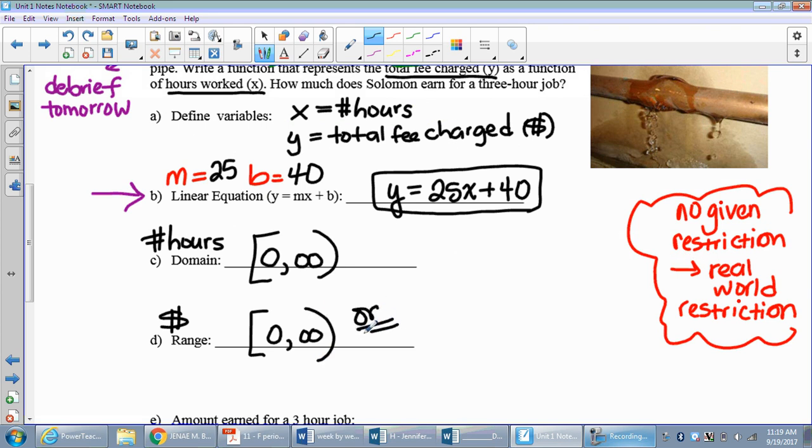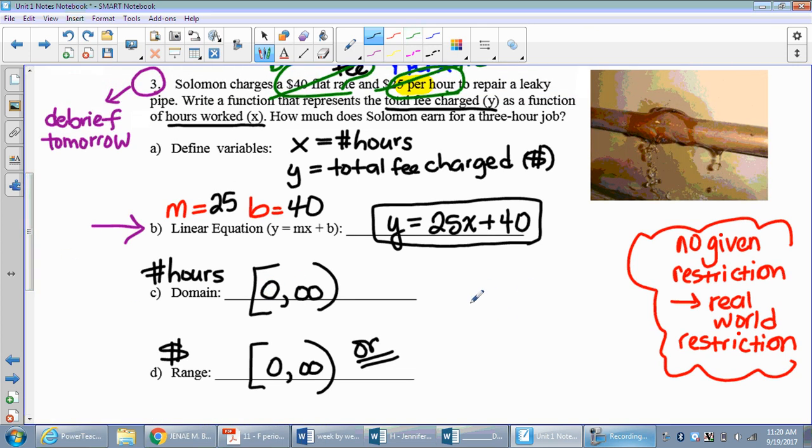Or I saw some people reason that if I plugged in 0 into my model, that would get me 0 plus 40, which is $40.